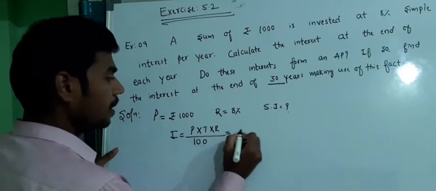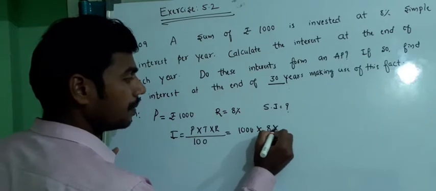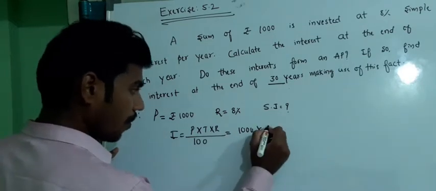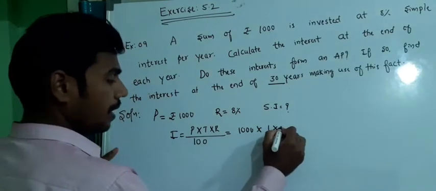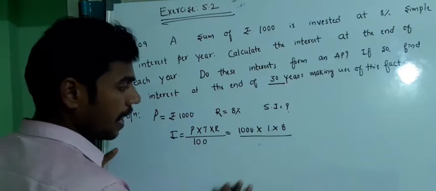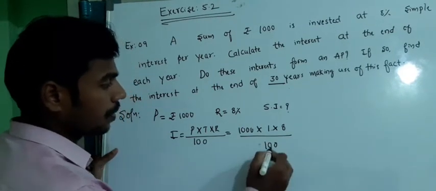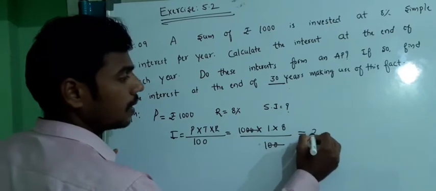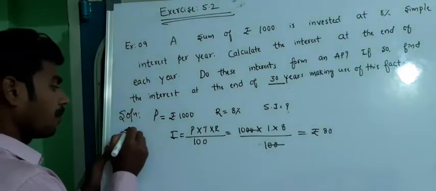What is P here? 1000, into what is T here? Sorry, time is 1 year. For the end of 1 year, I need to calculate 1000 into 1 into 8 divided by 100. So these two zeros will get cancelled. It is rupees 80. So this is for the first year.